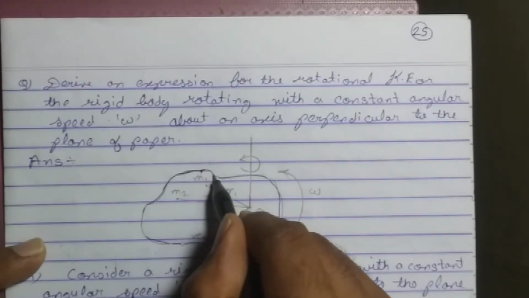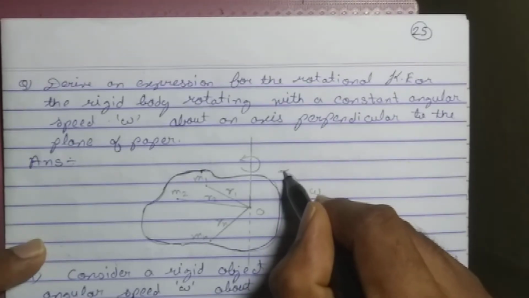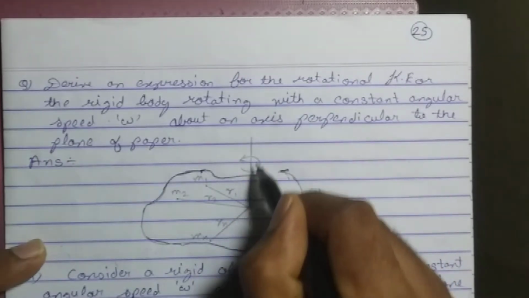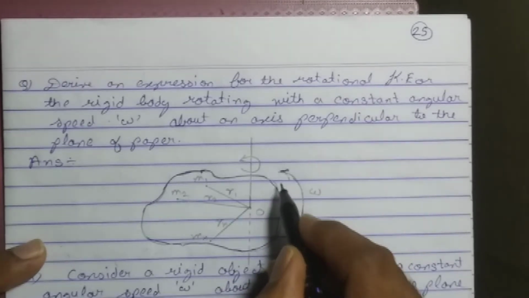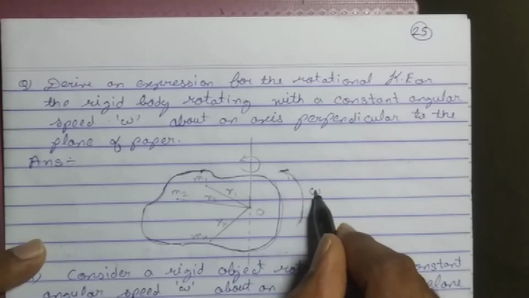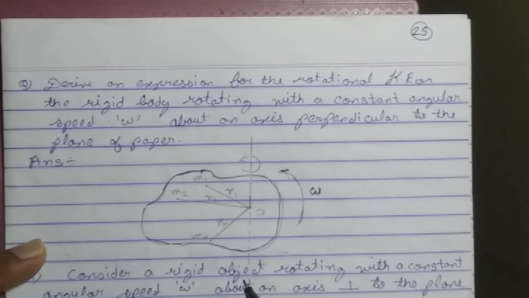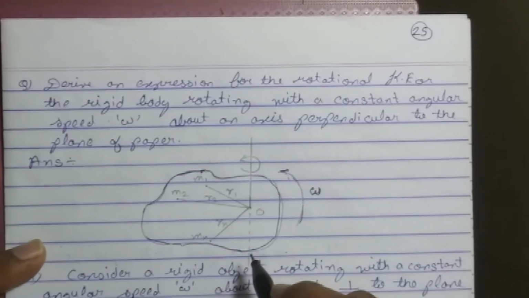If this body is rotating about its own axis, this is the axis passing through the point O, with angular velocity omega, we have to find the rotational kinetic energy associated with this particular rigid body.